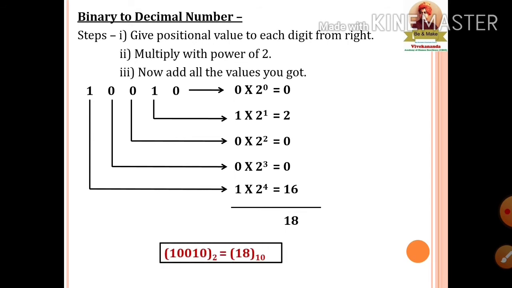Whenever we write down the equivalent value of a number from one number system to another, we always write down its base, so that we can understand 10010 is a number from the binary number system, as I have written here the base 2, and the equivalent of this number in the decimal number system is 18 because it has the base 10. Just revise these things. I will keep the screen for 1 minute over here.